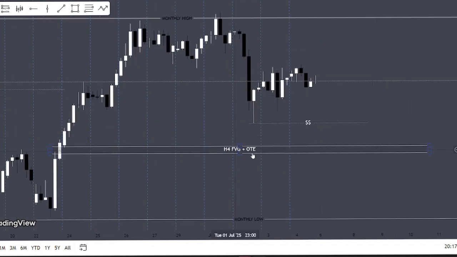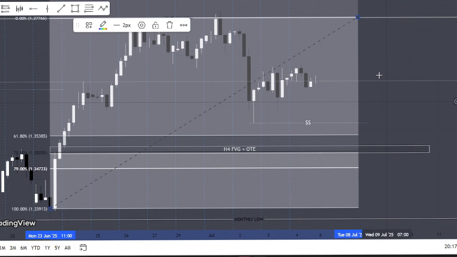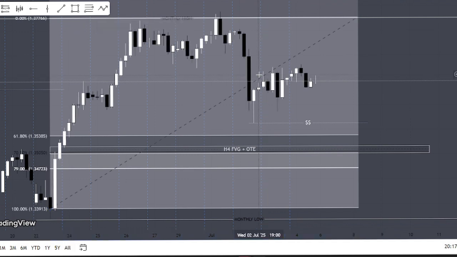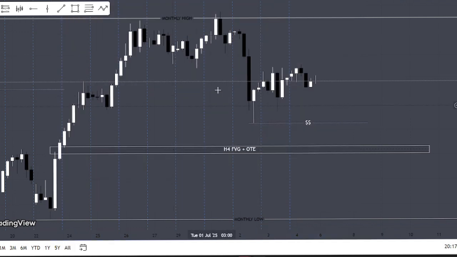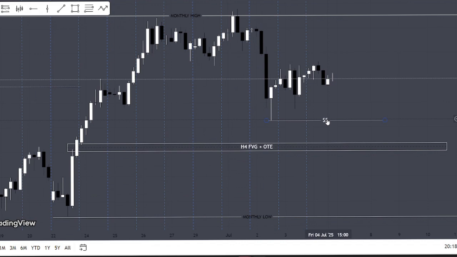I found this fair value gap, which is also in the optimal trade entry. As you take your Fibonacci and you draw it from lowest to highest, you can see that it's clearly in the gray shaded area that I marked. And what validates the entry is the resting liquidity above.